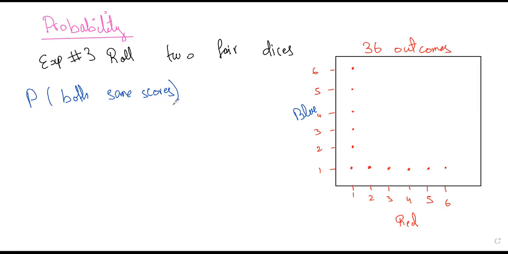On both dice you're getting the same number: 1 1, 2 2, 3 3, 4 4, 5 5, and 6 6. So in total 6 possibilities. 6 divided by the total number, 36, gives you 1 by 6.